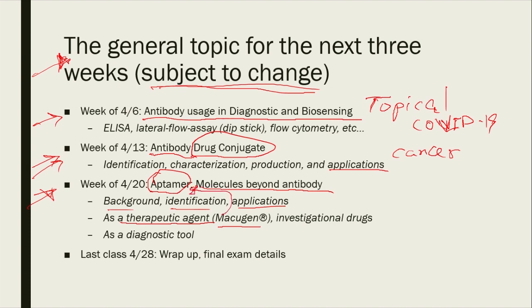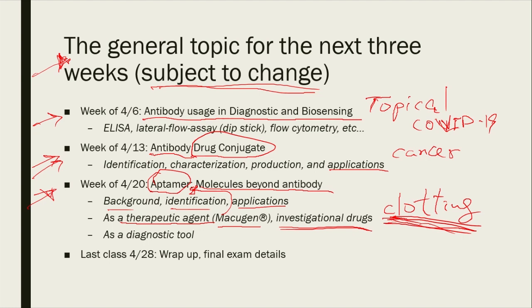Then we'll look at some of the investigational efforts of pushing aptamers as therapeutic agents, particularly in areas of thrombotic events, meaning clotting. I'm also currently working on areas related to clotting, and there are a few students in the pharmacy school involved in that research.